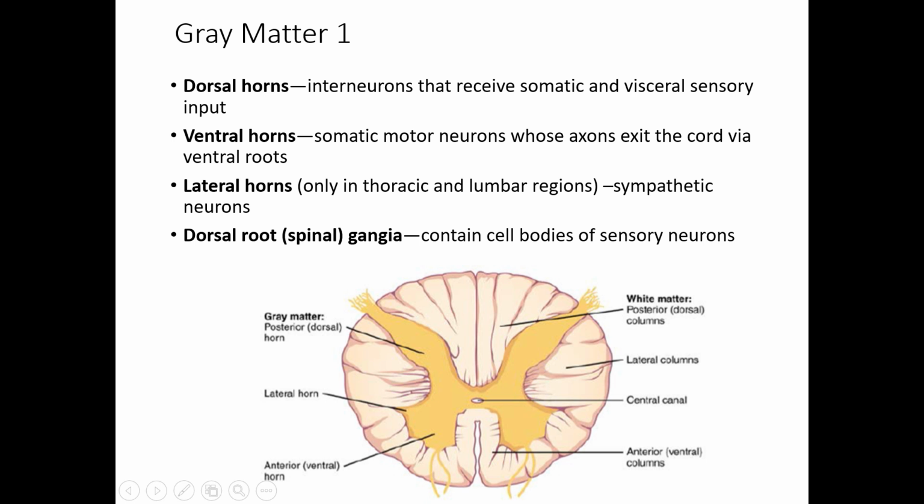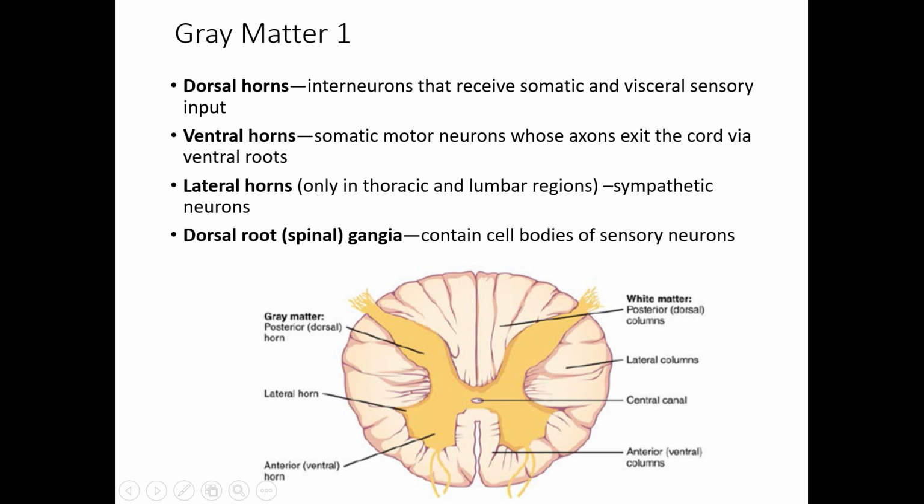What do you know about them? Dorsal horns contain sensory neurons. Information comes right here from somatic and visceral inputs, and information goes to the spinal cord from here. In ventral horns, there are motor neurons.